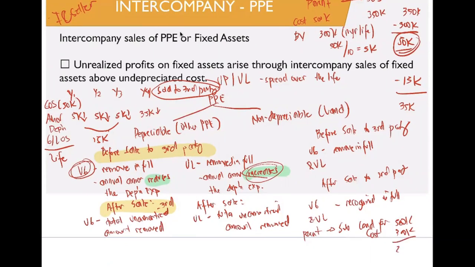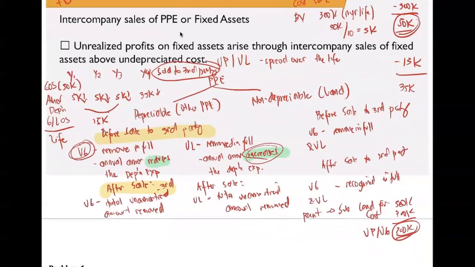How much then? 200,000 is the unrealized profit or the unrealized gain. Okay. So, year 1, year 2, year 3, year 4. Sa year 4 lang siya nabenta, for example. Ay, hindi. Wag naman pa na year 4. Year 3 naman siya nabenta. Year 3 siya nabenta. Okay, unrealized gain.